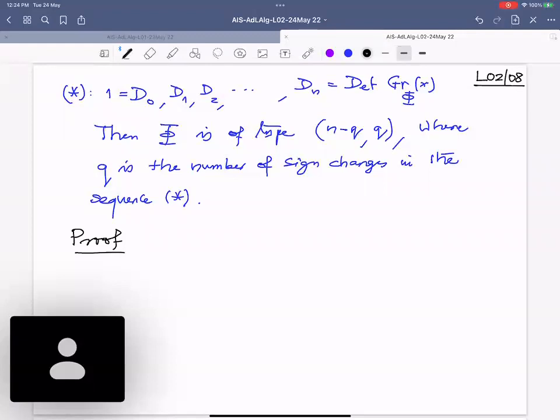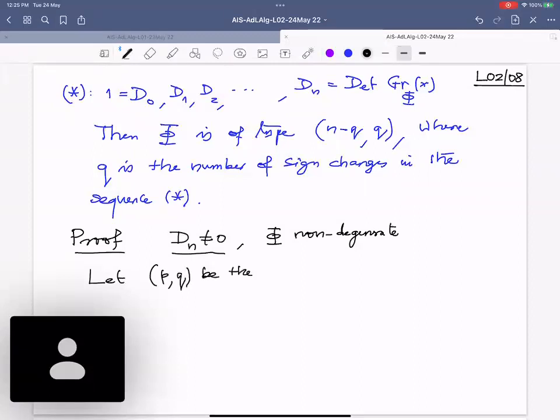All right. So Dn is non-zero, so phi is non-degenerate, and let P, Q be the type of phi.